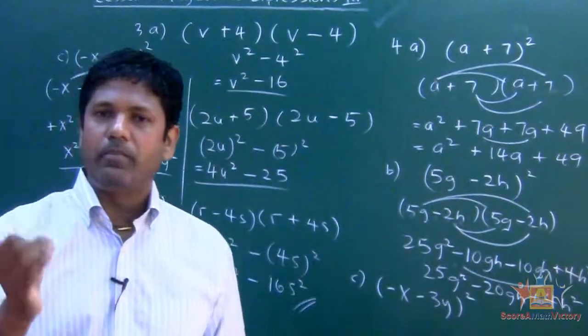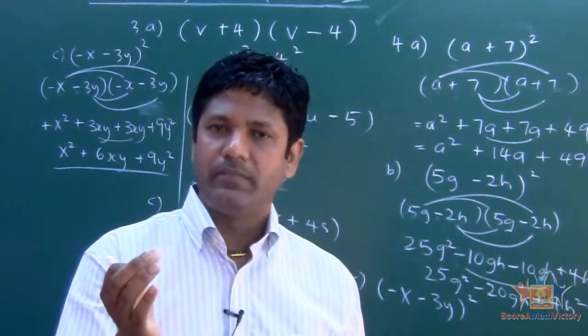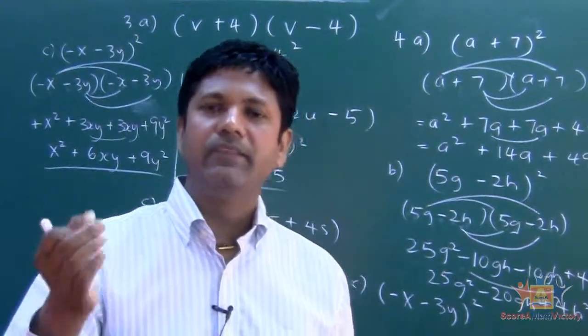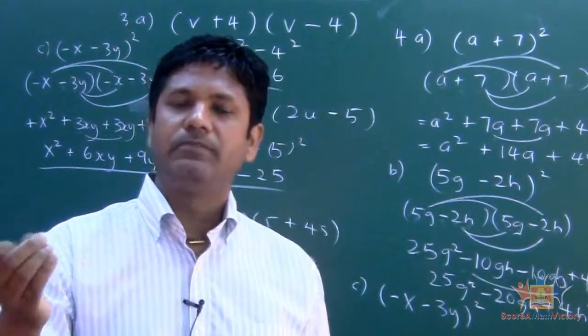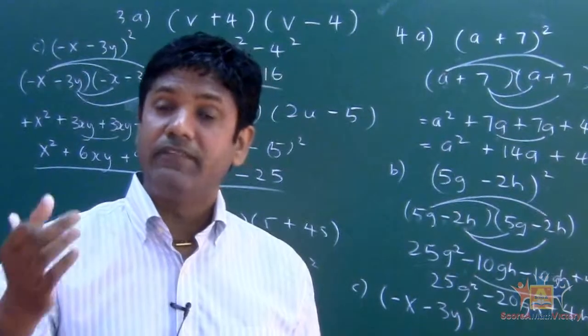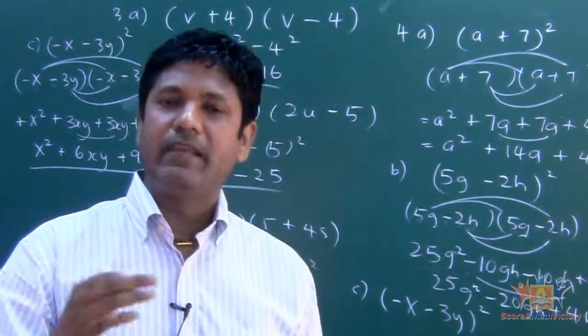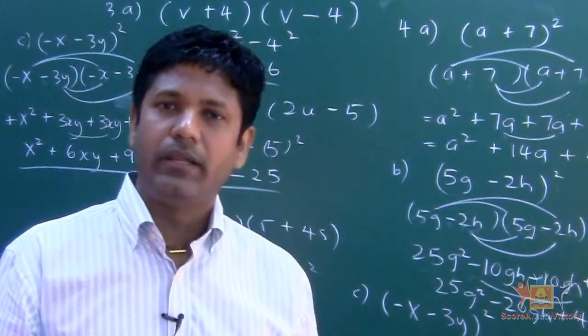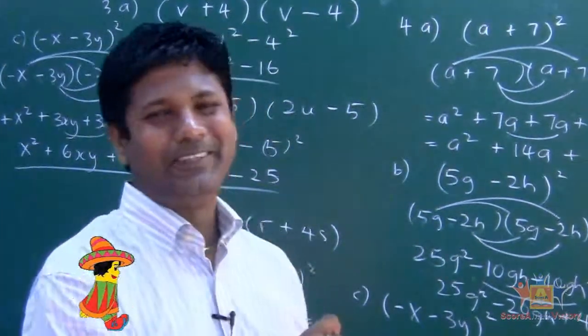Pay attention to the plus and minus when you multiply. Positive times negative is negative, positive times positive is positive, negative times negative is positive, negative times positive is negative. Mr. Mac's first law.